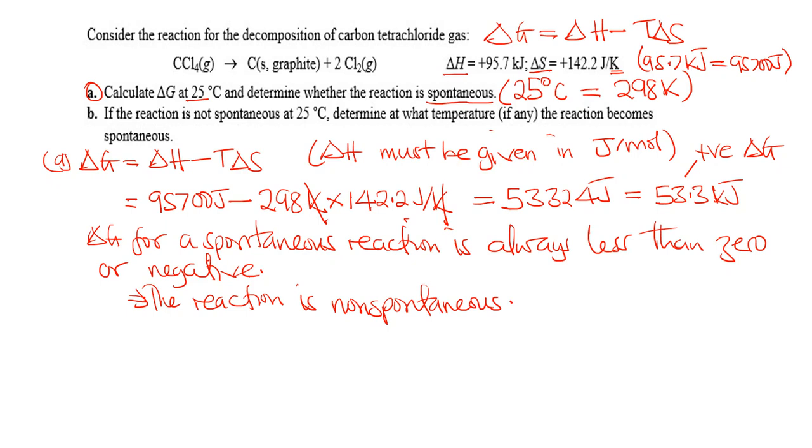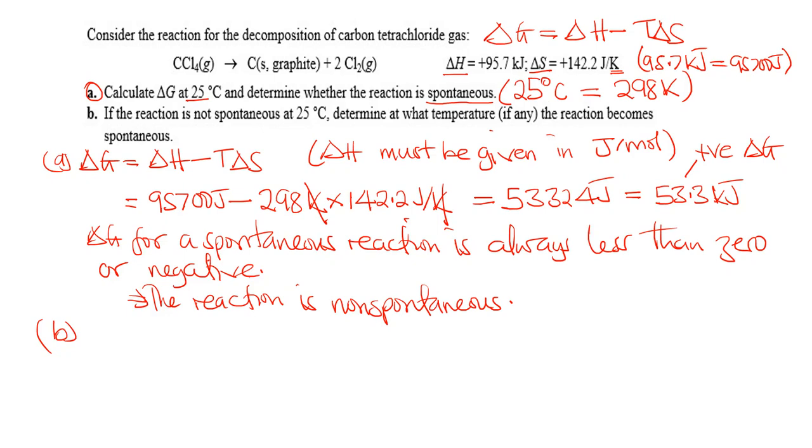Now, another question is, if the reaction is not spontaneous at 25 degrees Celsius, determine at what temperature, if any, the reaction becomes spontaneous. So that is B. To solve B, we know that the reaction is spontaneous only when delta G is less than 0. But for delta G to become less than 0, it needs to pass through 0.